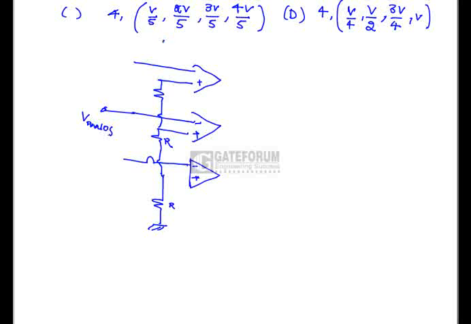Now R, this is the reference voltage VR.